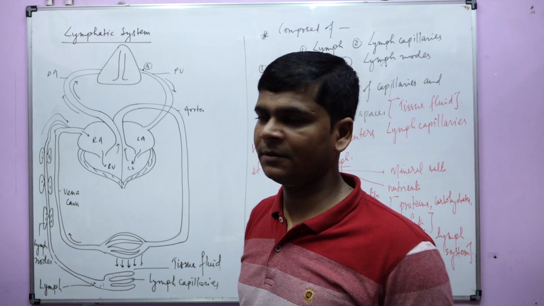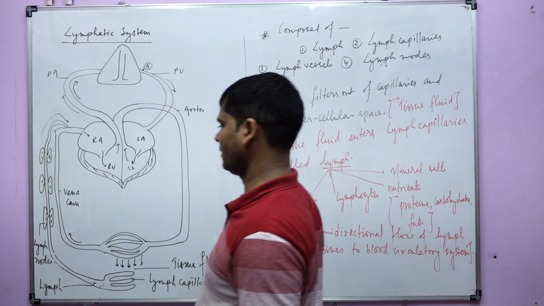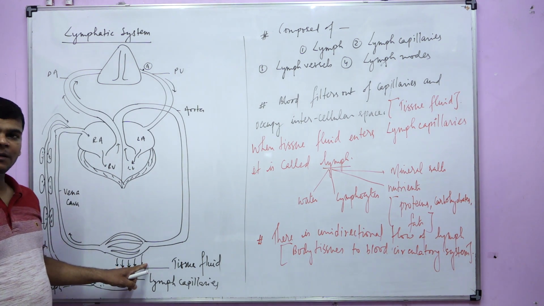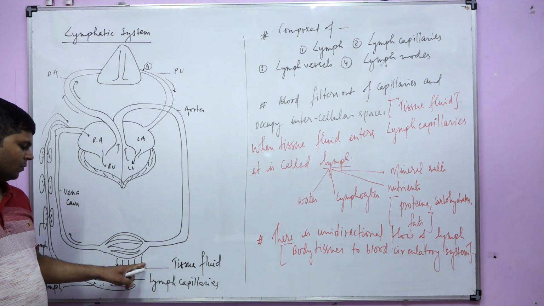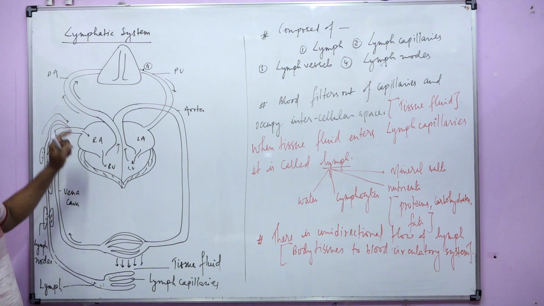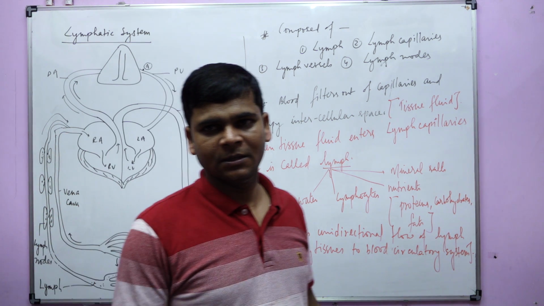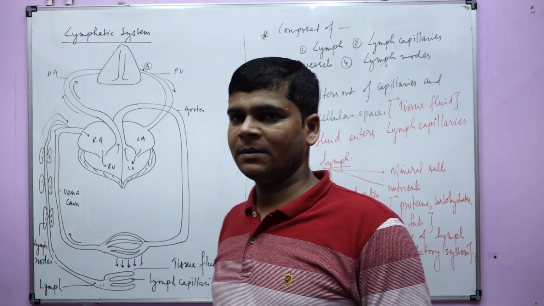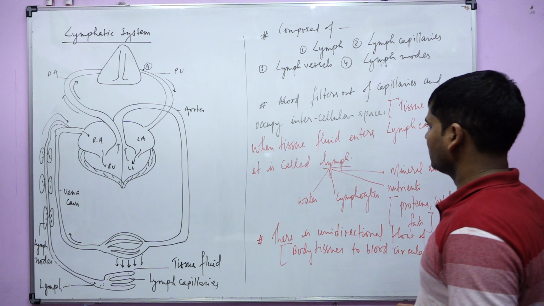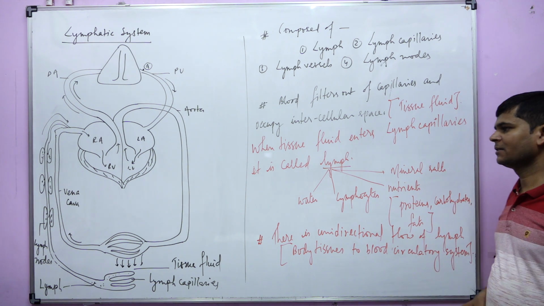And suppose if you look at the figure how these are involved. Lymph is being carried from the tissue, enters the lymph capillaries, and then it joins the blood circulatory system. So it is unidirectional flow. There is not the concept that it circulates like blood. So what are the basic functions that lymphatic system has?